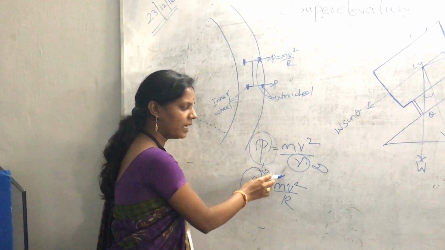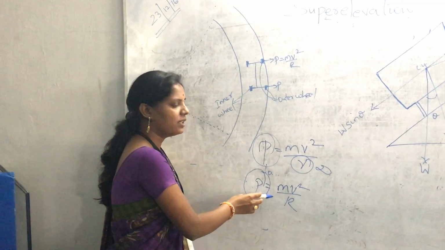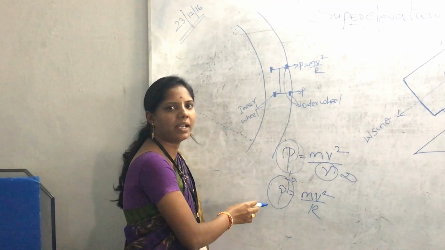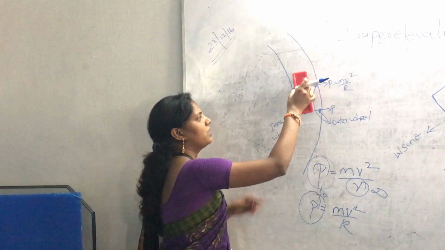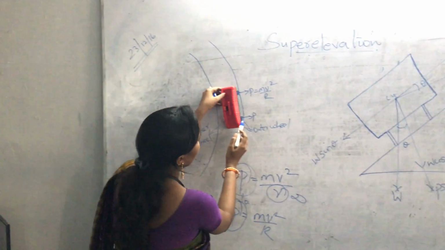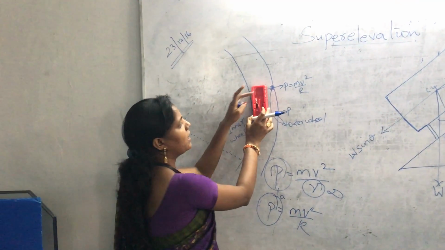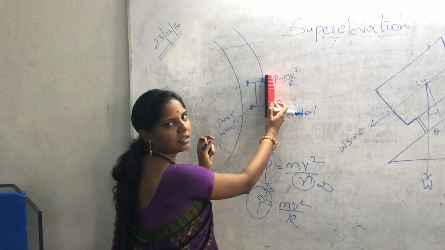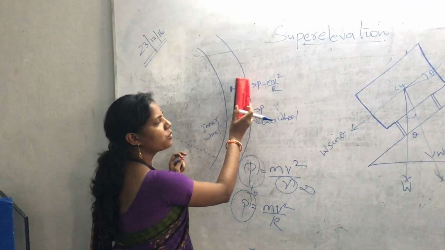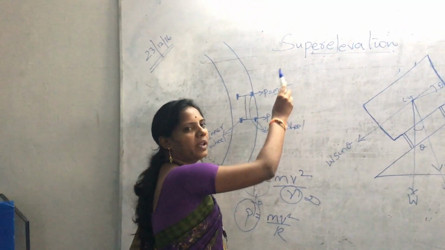That is, if the vehicle moves at very high speed and with low radius, the centrifugal force developed will be very high. So on a horizontal curve, the centrifugal force is very high at the outer wheel. Due to this high centrifugal force at the outer wheel, the vehicle tends to overturn like this. In order to avoid this overturning as well as the skidding effect, we can go for the superelevation.